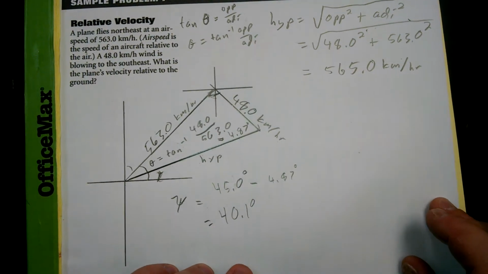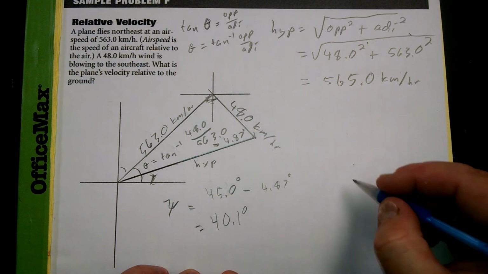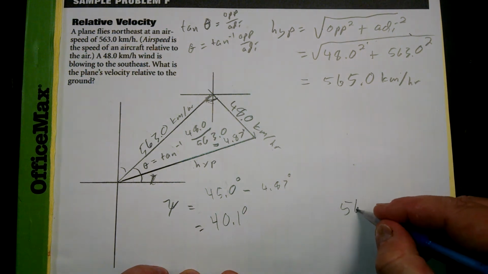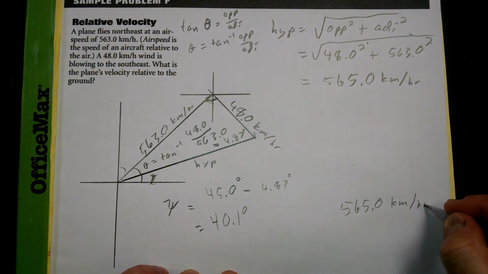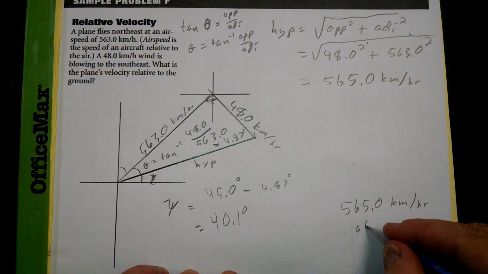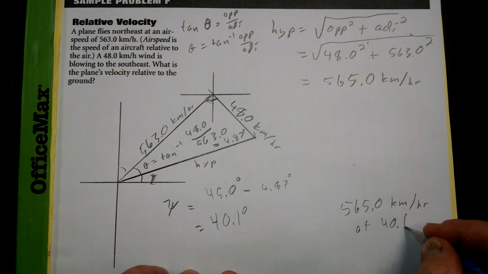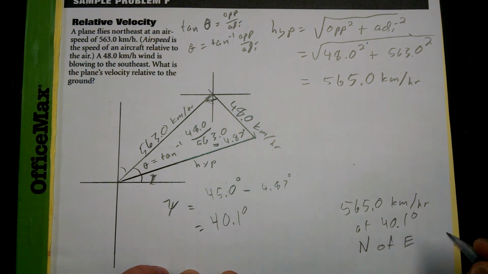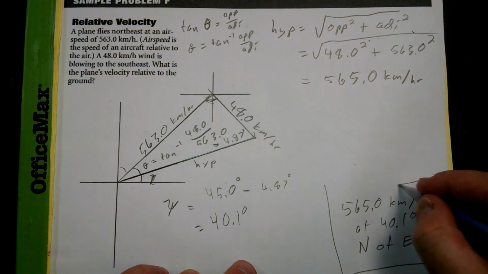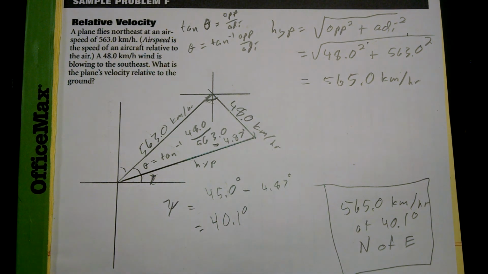So the total vector that our airplane is actually going is 565.0 kilometers per hour at 40.1 degrees north of east. Now that your airplane knows the actual vector, our airplane can make the correction and get back to where it belongs, and that is sample problem F.